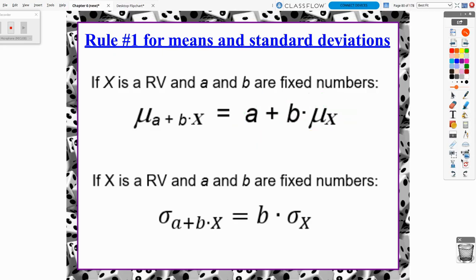So addition and multiplication both affected the means. But in terms of standard deviations, only a multiplicative change would affect our standard deviation. So if there was some sort of addition or subtraction change, we just learned that we needed to ignore that particular transformation for our standard deviations.